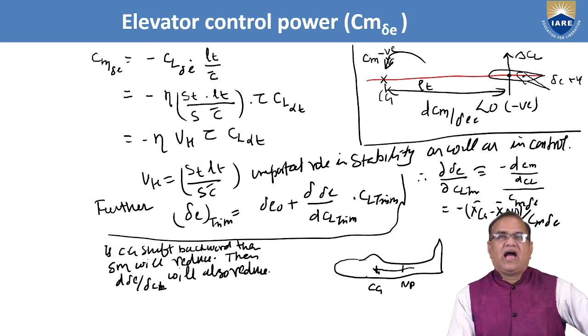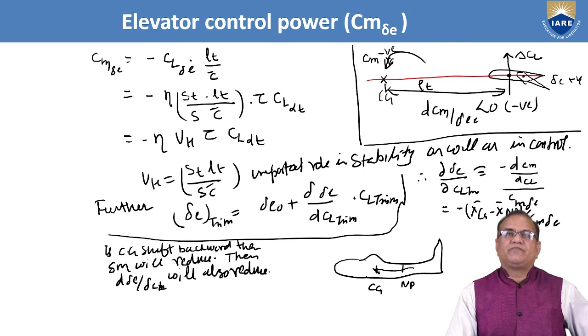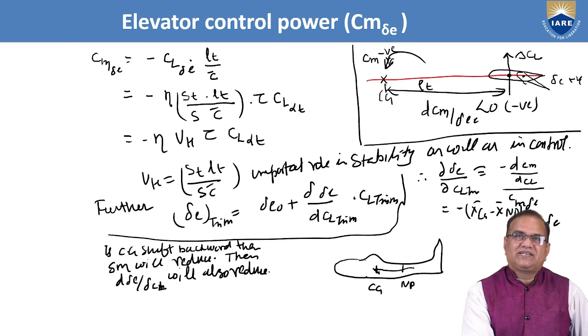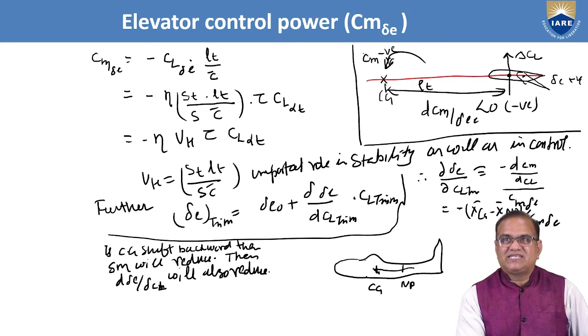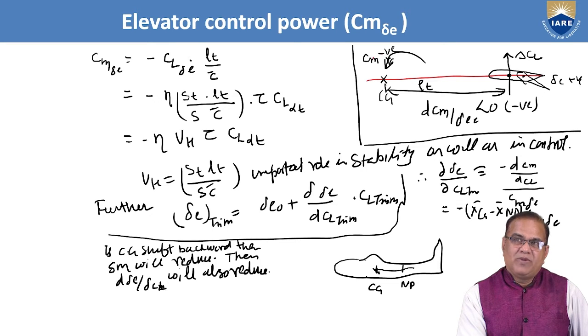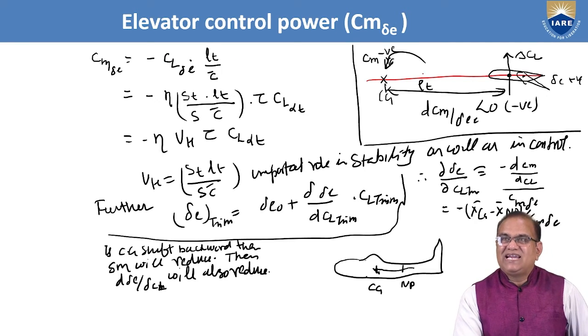Now I am going to derive the elevator control power, and this is called the Cm delta E. We know Cm delta E, and we have just now found Cl delta E. The minus sign is given because here the moment is in the negative direction, or anti-clockwise direction. So we have a minus sign, Cl delta E into Lt by C bar.